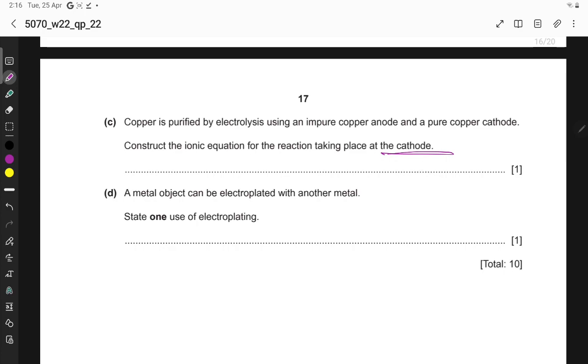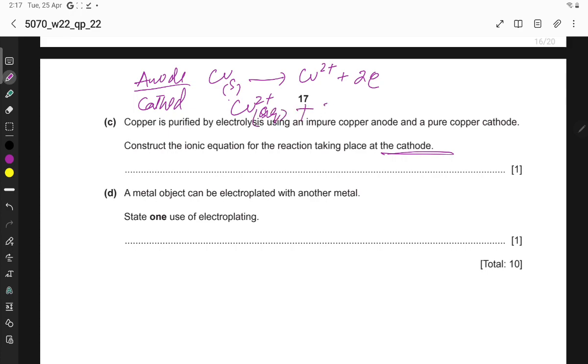At the anode, copper dissolves to form copper ions, while at the cathode, the negative plate, copper ions are deposited after gaining electrons, to form copper solid.